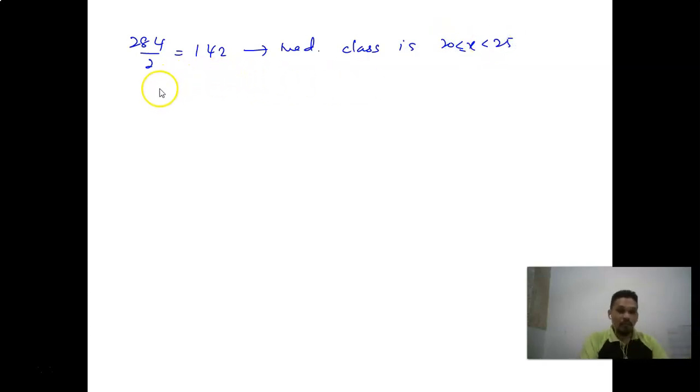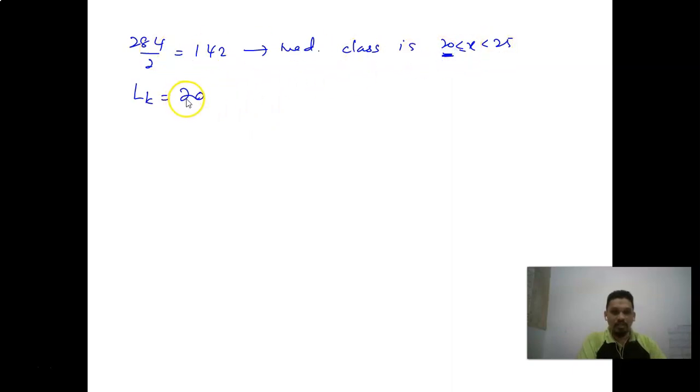Then the median class. 284 divided by 2 equal to 142. So then the median class is x lying in between 20 up to 25. And as we saw from the previous page, Lk equal to 20, the lower boundary of the class, 20 to 25.